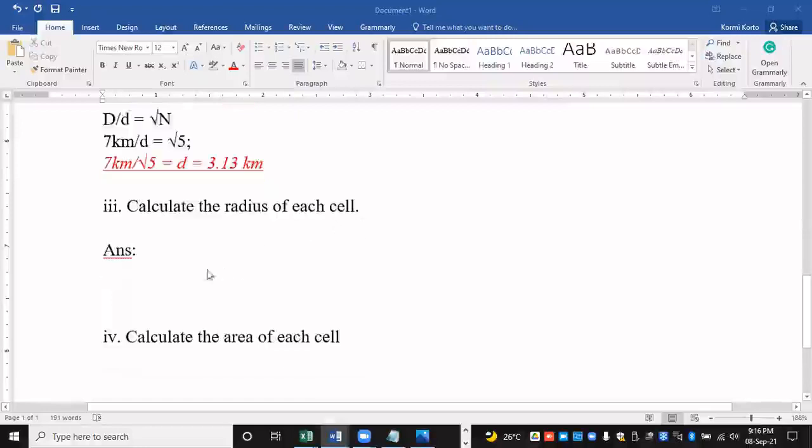Okay, so moving on. The third question says, calculate the radius of each cell.